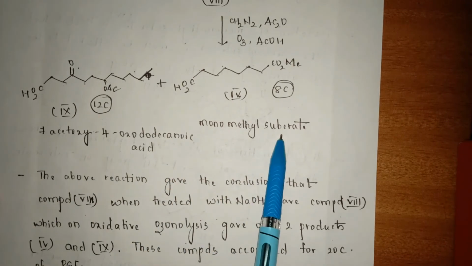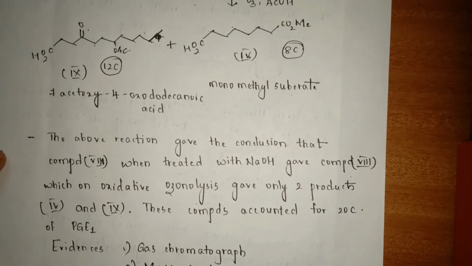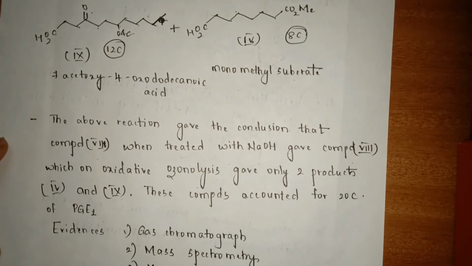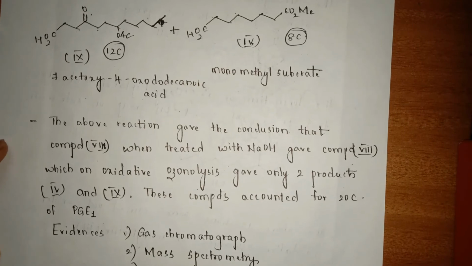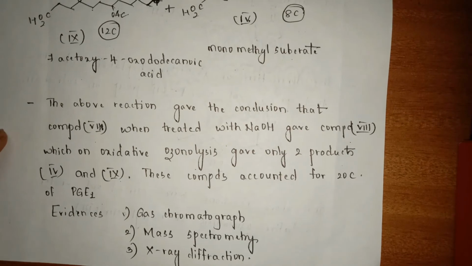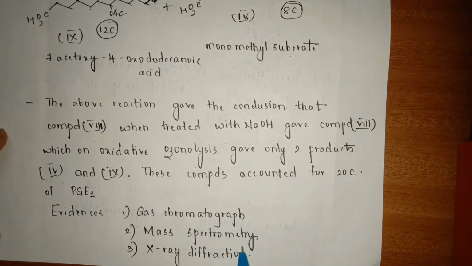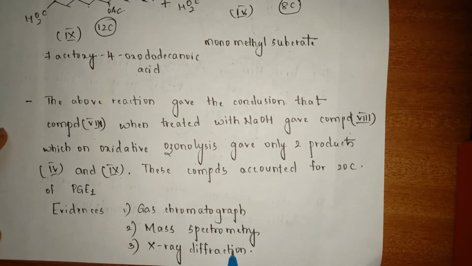These two compounds accounted for the 20 carbon atoms of PGE1, and hence the structural elucidation of PGE1 concluded the presence of 20 carbon atoms. The other evidences that could be given were gas chromatography, mass spectrometry and X-ray diffraction studies.